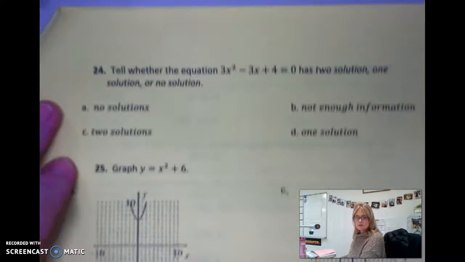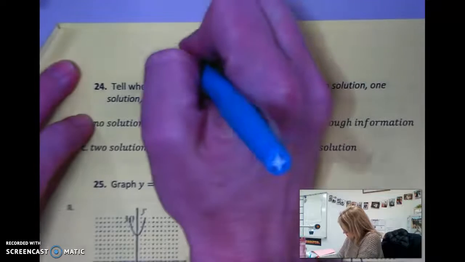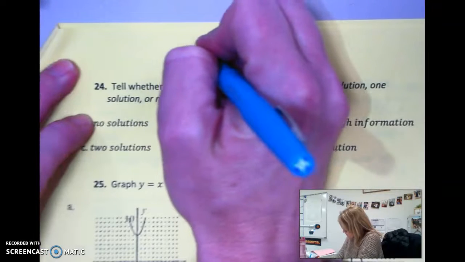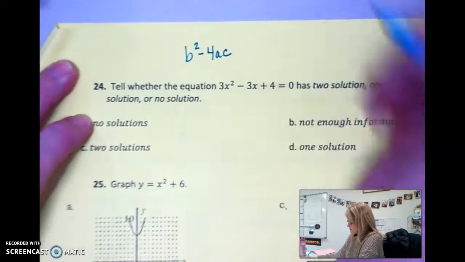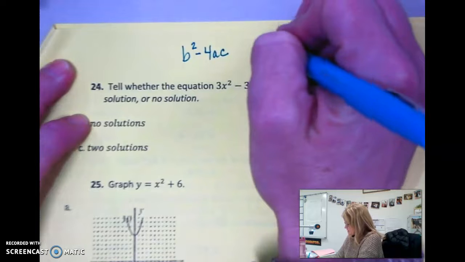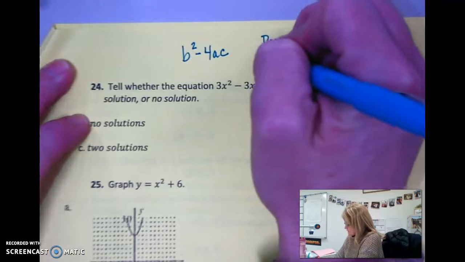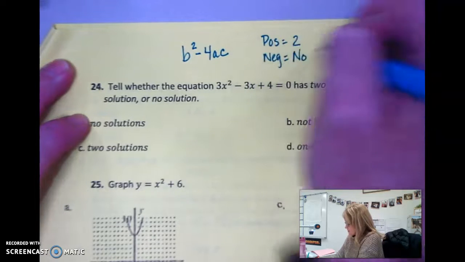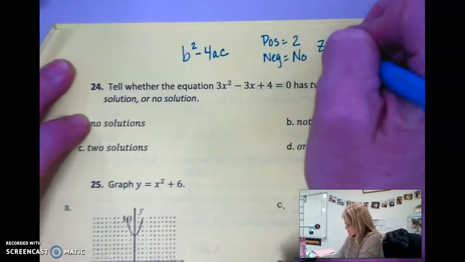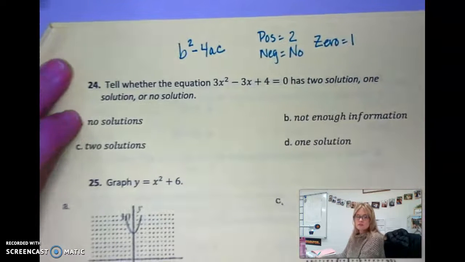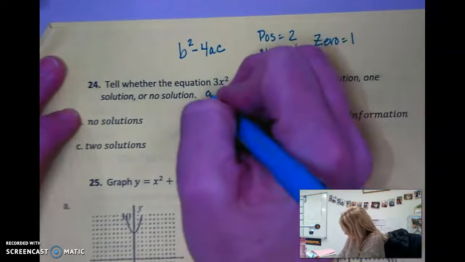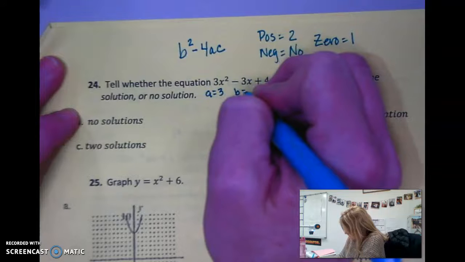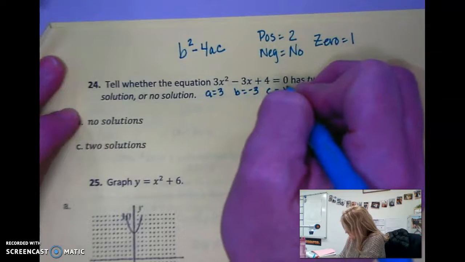Tell whether the equation has 1, 2, or no solutions. This is using the discriminant, which is the b squared minus 4ac part. Remember, if it's positive, it has 2 answers. If it's negative, it has no answers. And if the answer is 0, it has 1 solution. So A is 3, B is negative 3, C is 4.